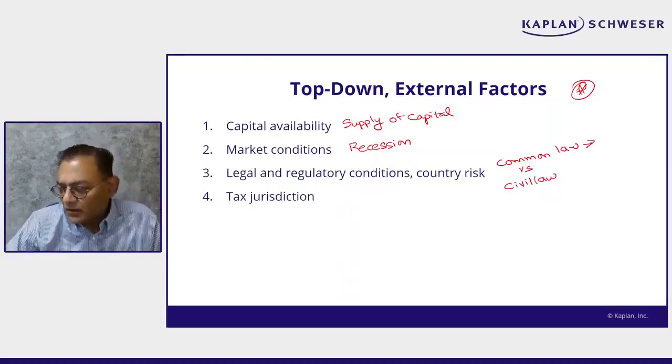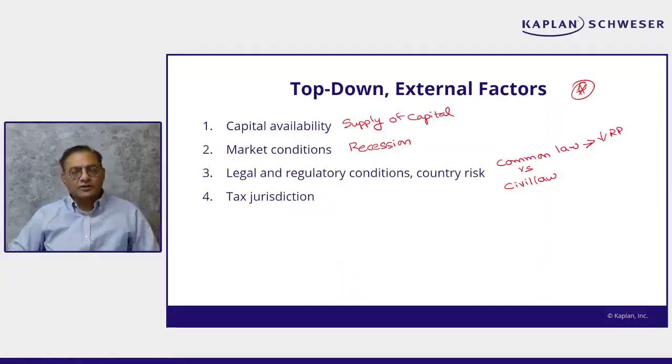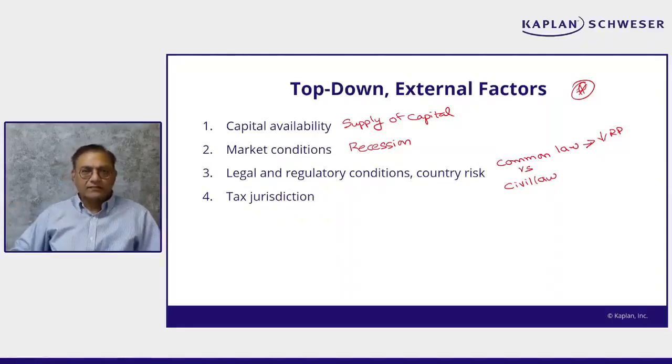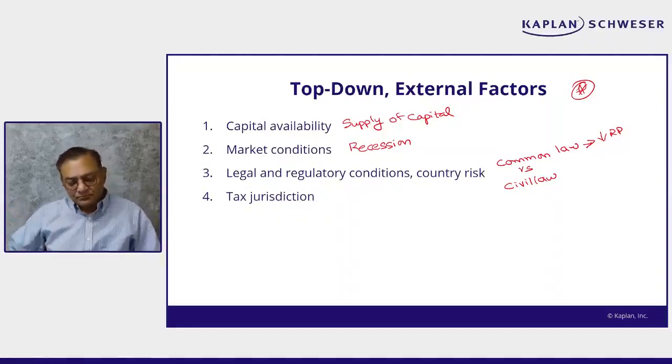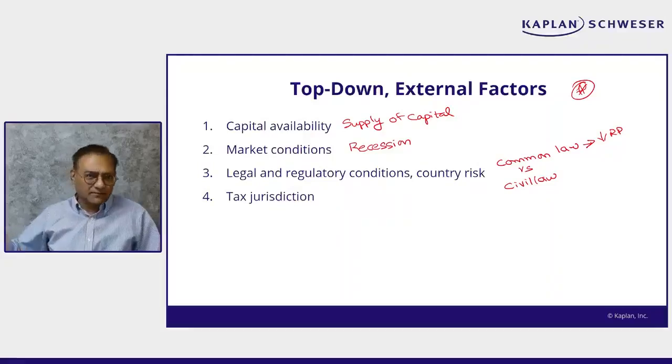Common law will have a lower risk premium as compared to civil law countries. Common law provides a higher level of protection for investors. The legal framework is going to protect the investors, and therefore the investors are more confident in letting somebody else use their money, letting somebody else use their capital, and demand a lower risk premium as compared to civil law countries.